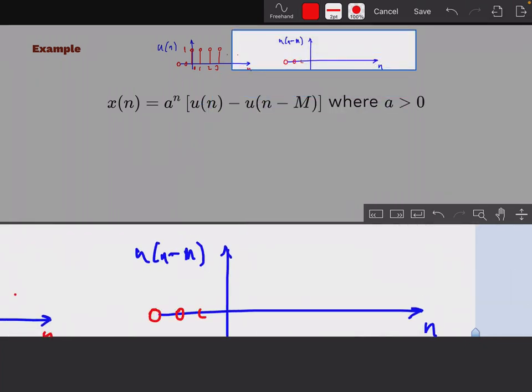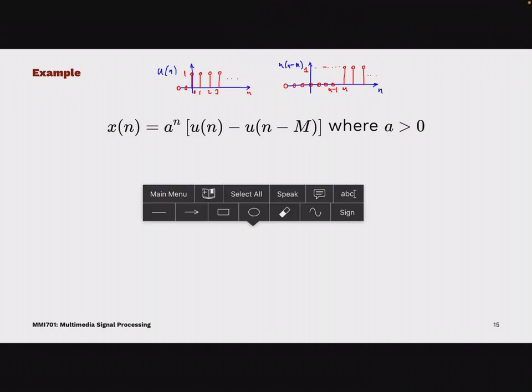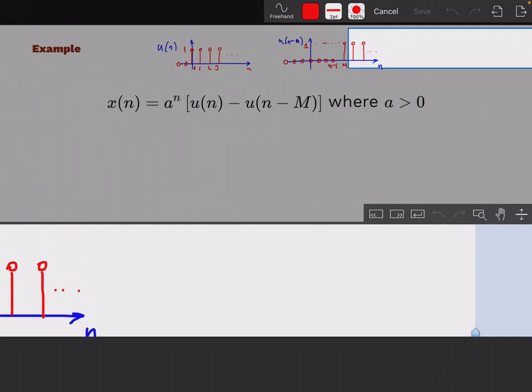If m is positive, it's all zeros up until some m minus 1, and at the mth time index we have a 1, and after that it's all ones. Okay, so this is nice. What we do then is subtract the second sequence from the first sequence, which means we're going to end up with a sequence which has a kind of rectangular shape.